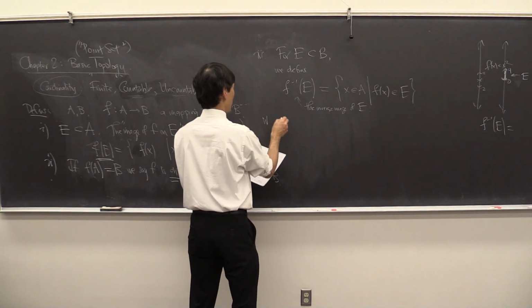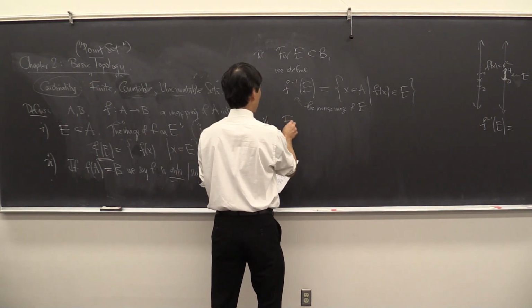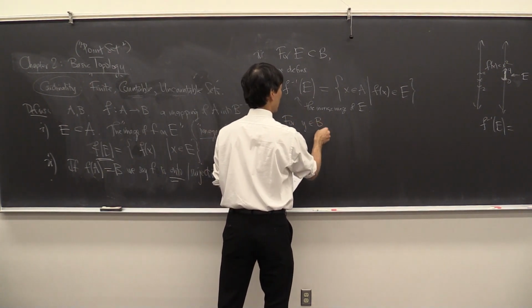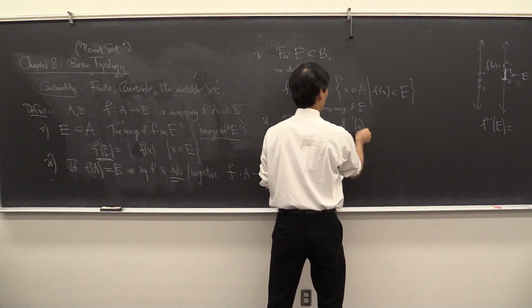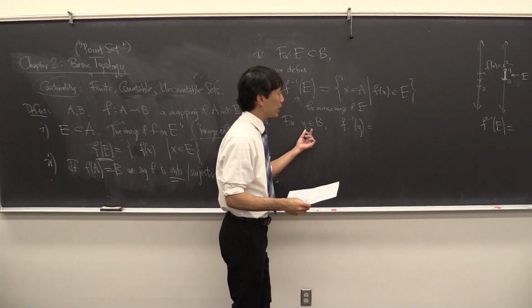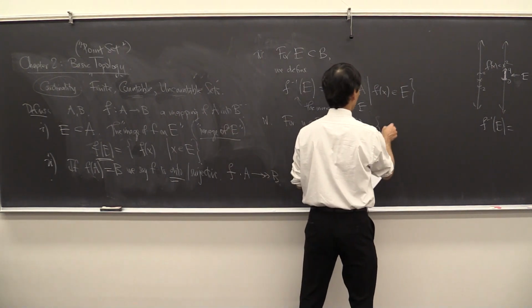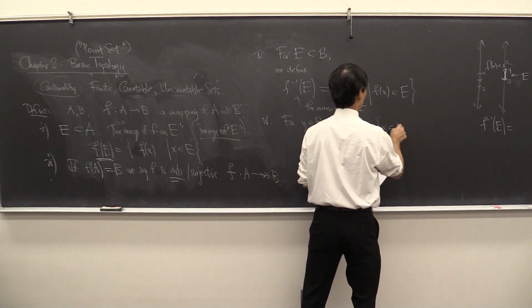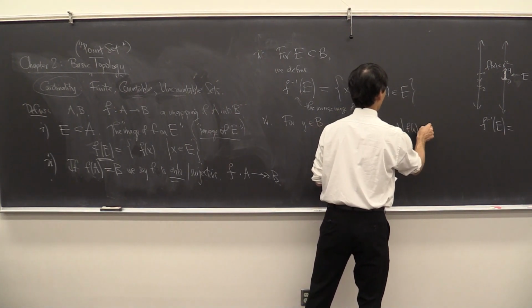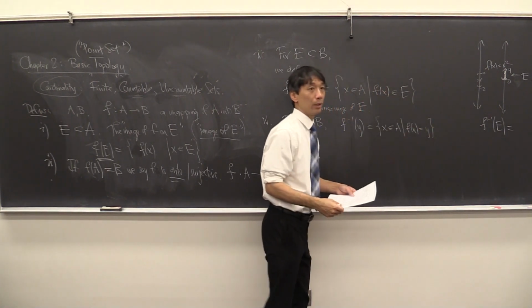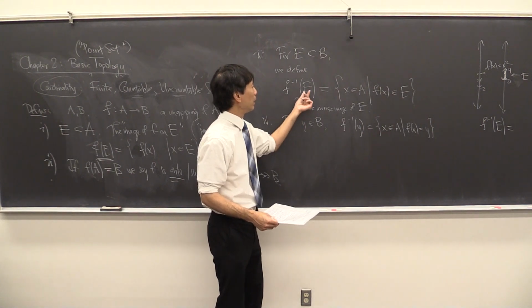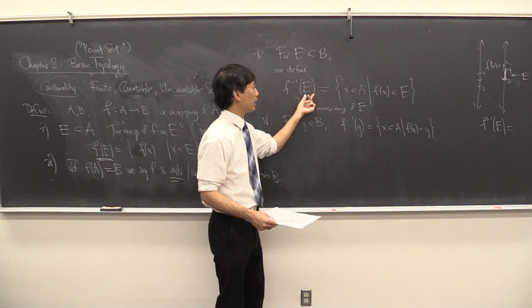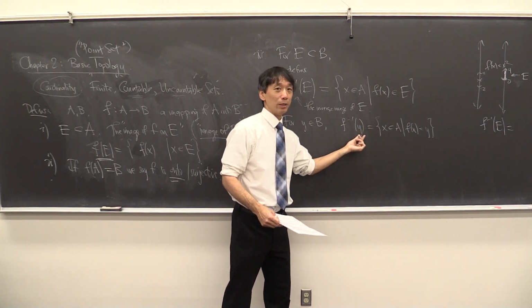Similarly, if we have a single point in B, we define f inverse of that single point as any x in A such that f of x equals that single point. This is sort of an abuse of notation because here we're taking f inverse of a set, so you'd think this should be a set as well.